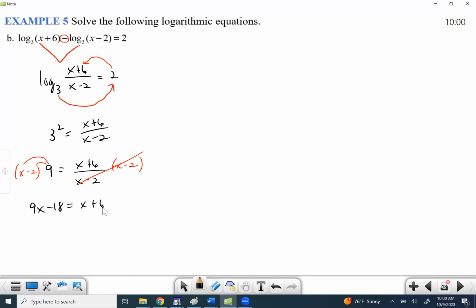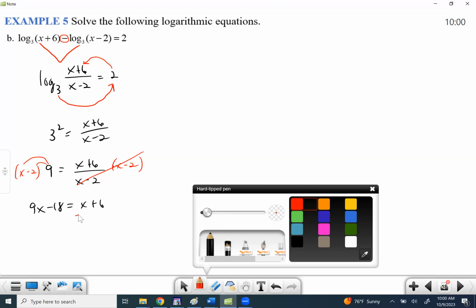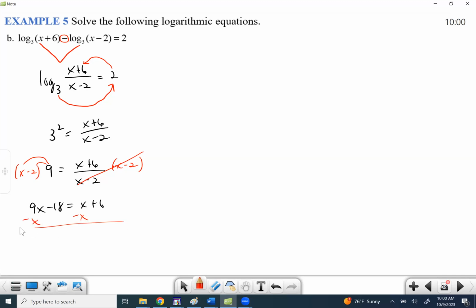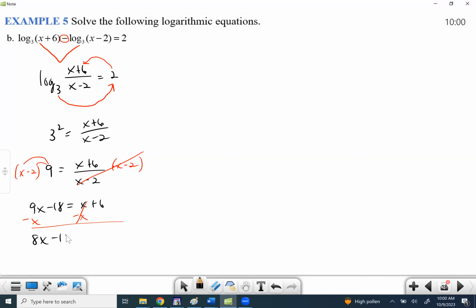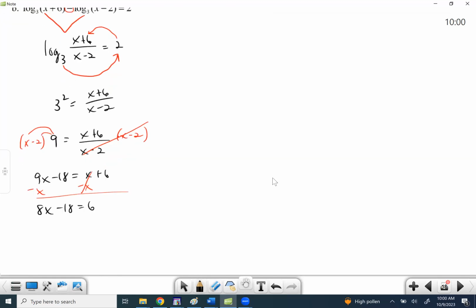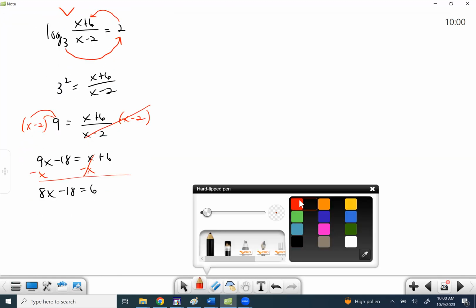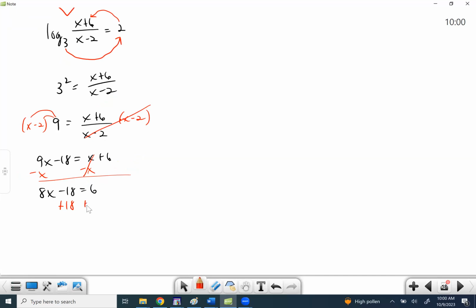equals x plus 6. So we'll go ahead and subtract x from both sides to get us 8x. And then we will add 18. And then just divide. x equals possibly 3.